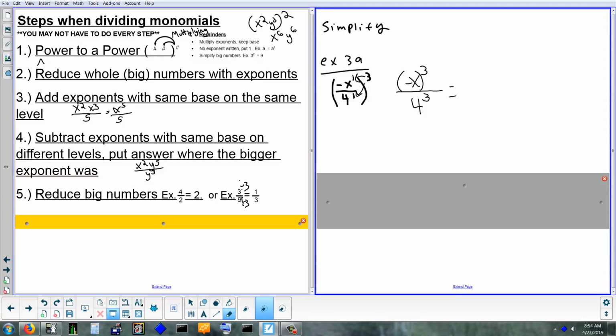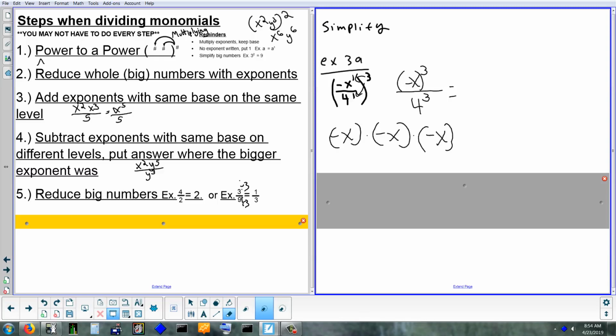So with this, like we talked about a little bit yesterday, when I have a negative base and an odd exponent, my answer is going to be negative. When I have a negative base and an even exponent, my answer is going to be positive. Because this really means negative x times negative x times negative x.